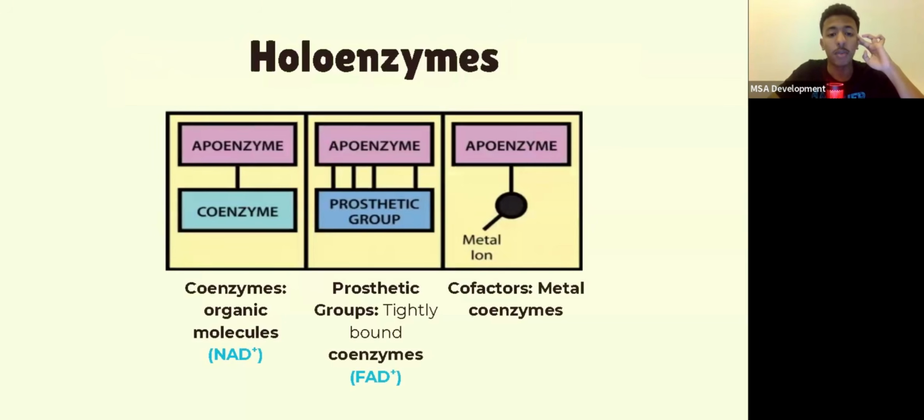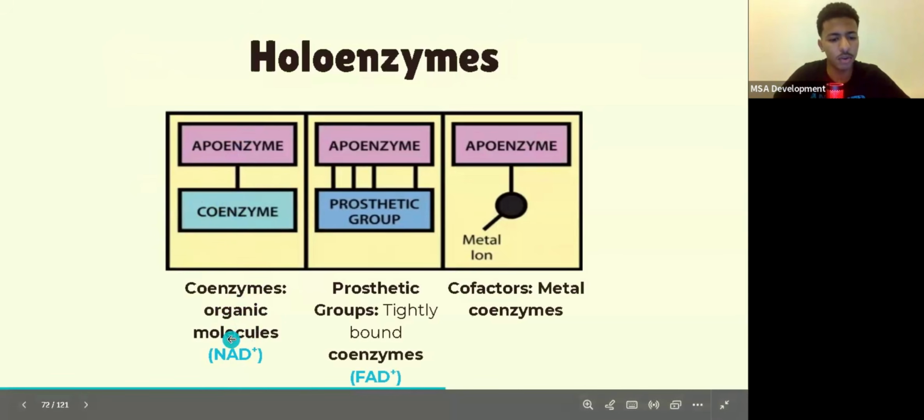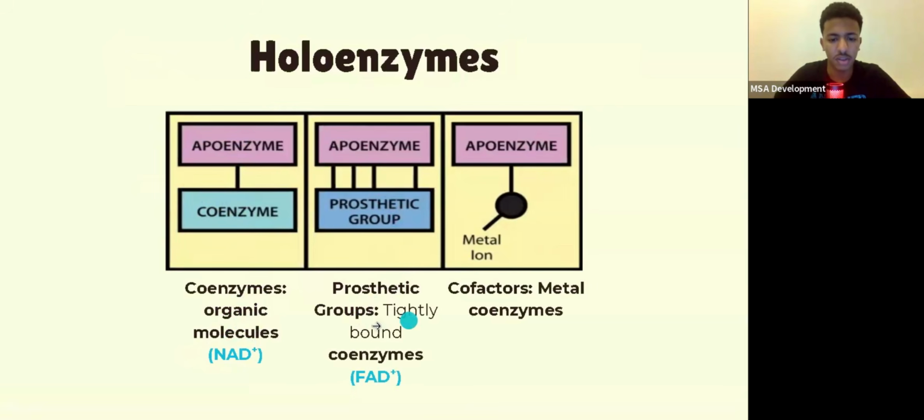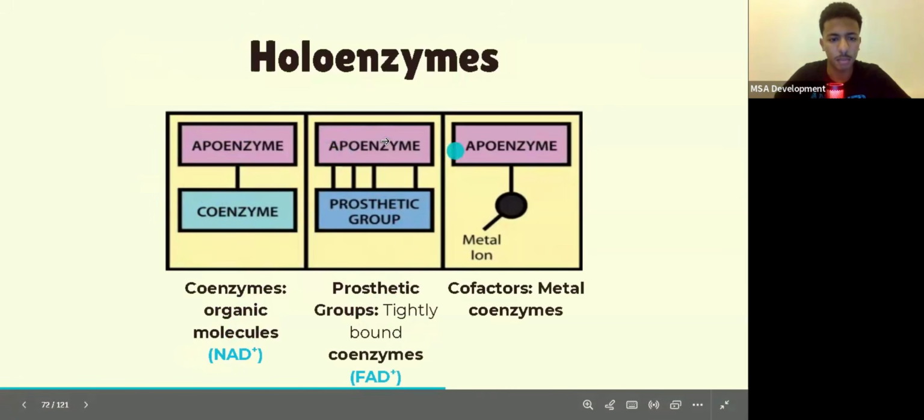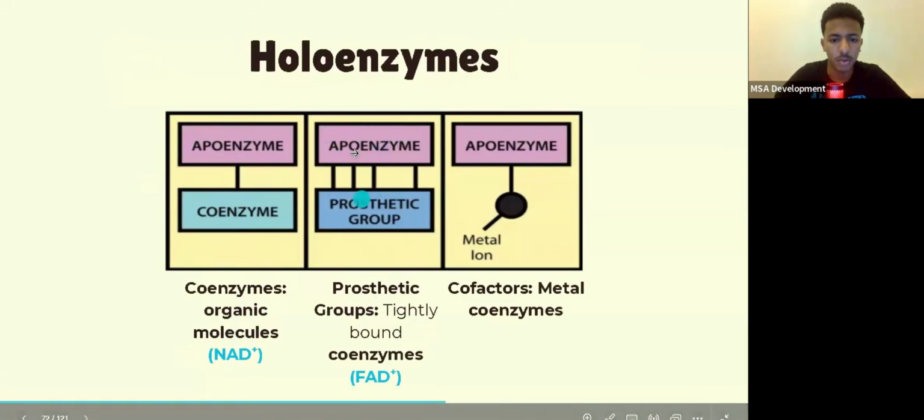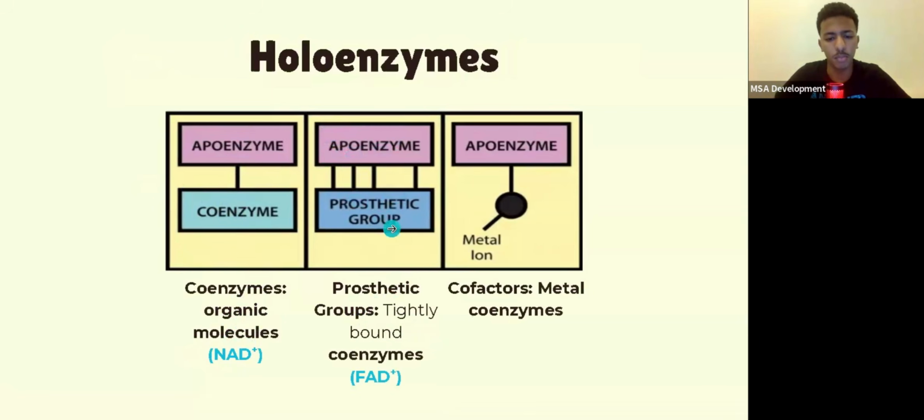Now let's look at different types of holoenzymes. The first one is apoenzyme with a coenzyme, and coenzymes are specifically organic molecules. An example of a coenzyme which is an organic molecule is NAD+. And then we have prosthetic groups, which are tightly bound coenzymes. So you have the apoenzyme bound tightly with a prosthetic group.